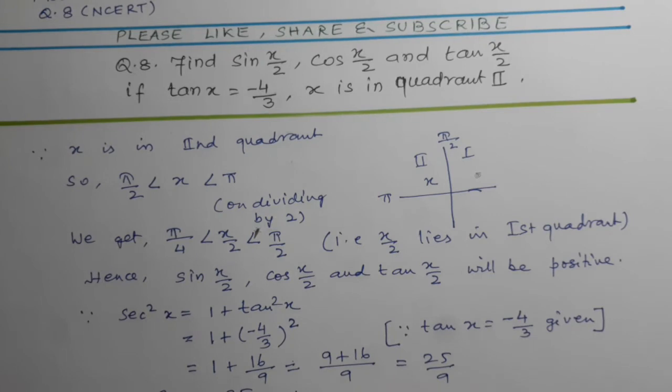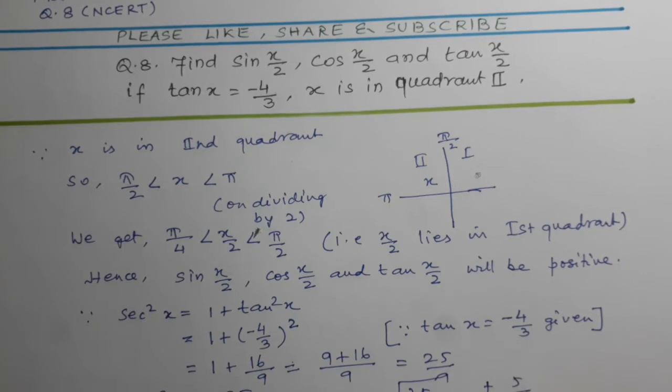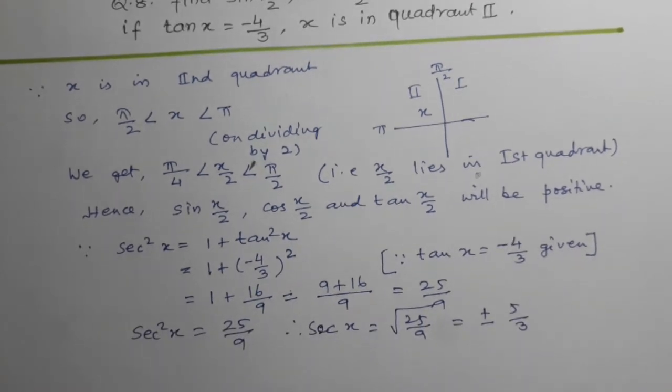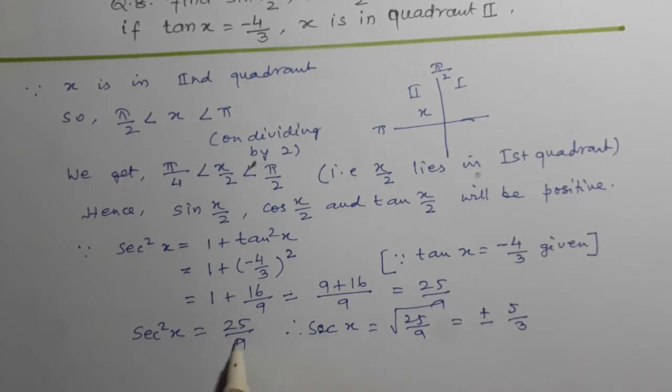So sec x will be root over 25 by 9, and that will be plus minus 5 by 3. X is in second quadrant.